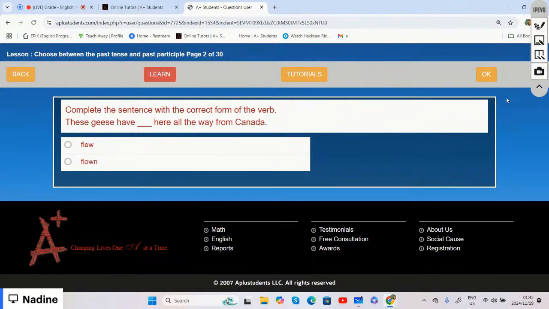It says, these geese have flew here all the way from Canada, or do we say have flown here all the way from Canada? Which one is correct?